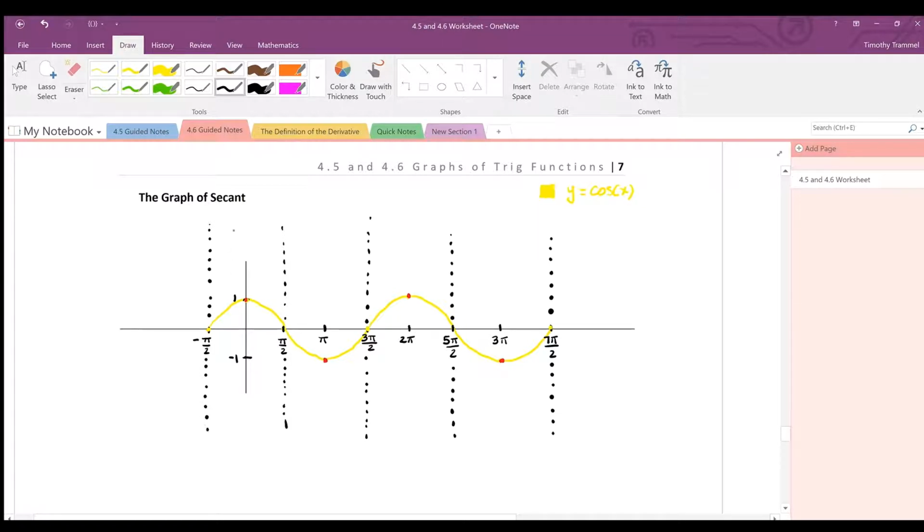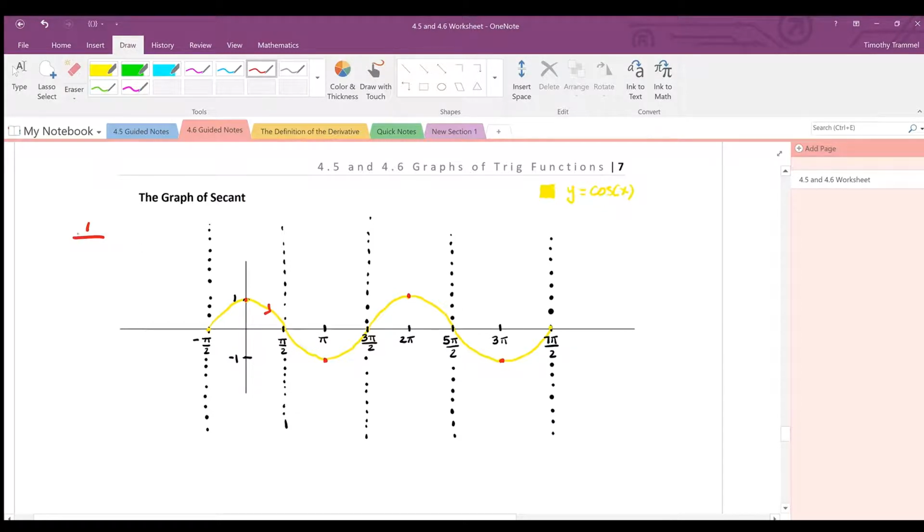And the next thing I want you to do is maybe let's focus in on this little interval here in between these two asymptotes. Why do we have a vertical asymptote here? Well, let's just imagine that we're moving along the curve in this direction and we're heading towards pi over 2 here. Secant is 1 over cosine.